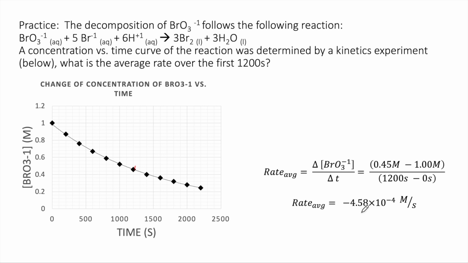You should end up with a value about like this. Whether you come up with a positive or negative, technically it will be negative, but if you left it positive, that's okay too. All we're doing is finding the rate of change here. Technically, you're losing material, but whether you left it positive or negative, in this situation, it doesn't matter. All right, let's move on.